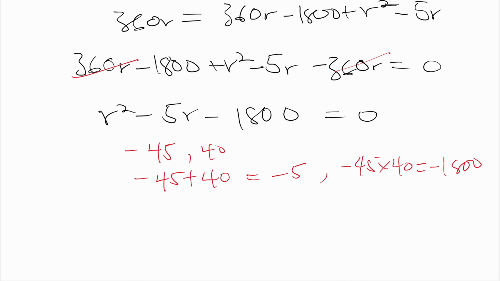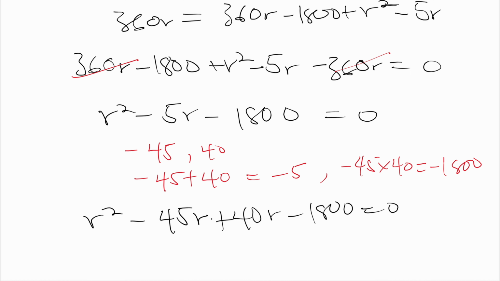So then when we put our factors into our equation, we have R squared minus 45R plus 40R minus 1800 is equal to 0. So now we group them and factorize. We group this and this, this and this.